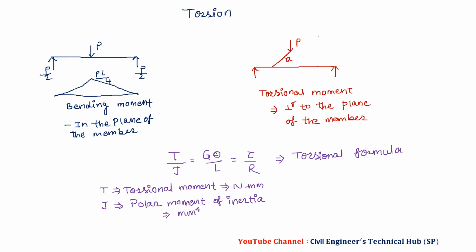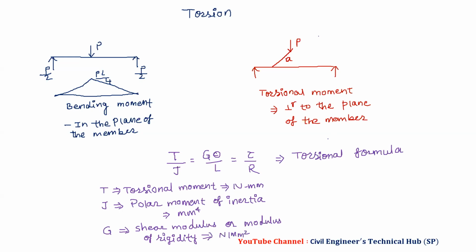Now we have G, shear modulus or modulus of rigidity. All moduli have the same unit, Newton per mm square.